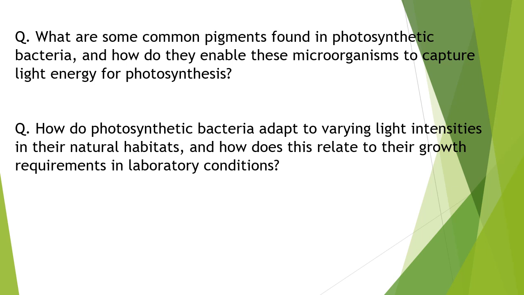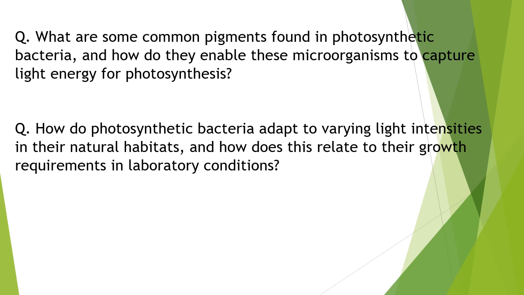They can produce different types and amounts of bacteriochlorophylls and carotenoids based on the available light. In low light they increase pigment concentration to capture more light, while if a high level of light is present, then they adjust to prevent photodamage.